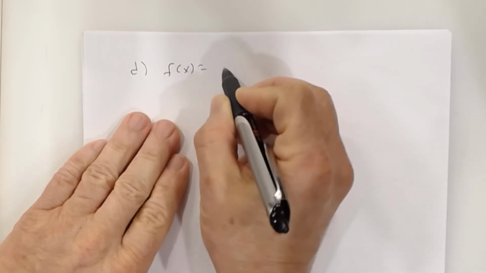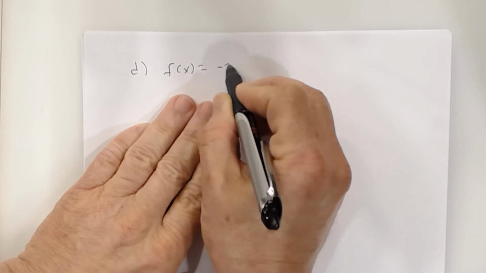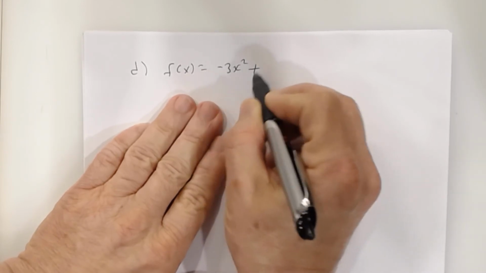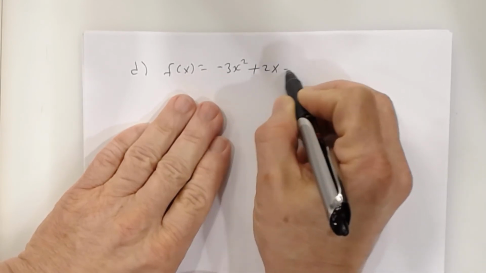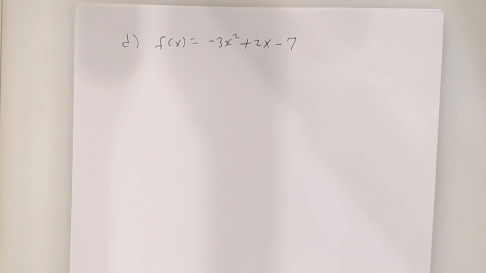F of x equals negative 3x squared plus 2x minus 7. All right, what kind of function is this? All right, there's your tedious part. Okay, so first of all, your directions will say find the difference quotient for this function.